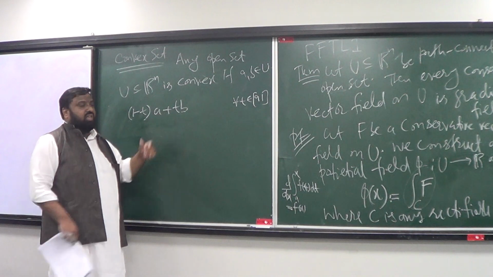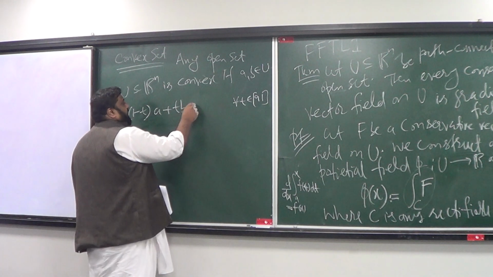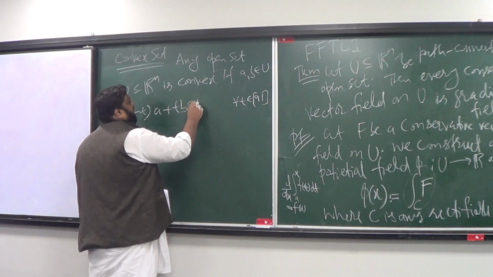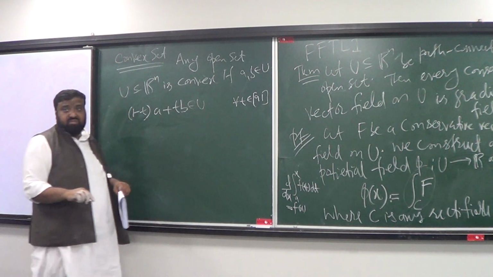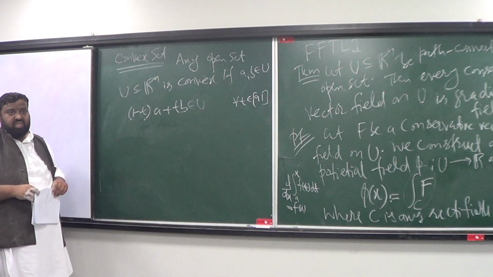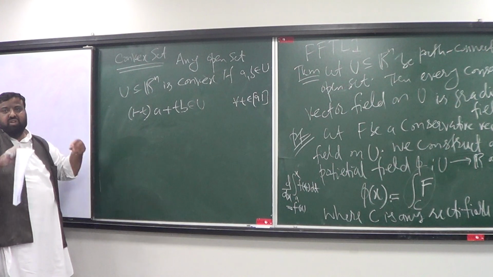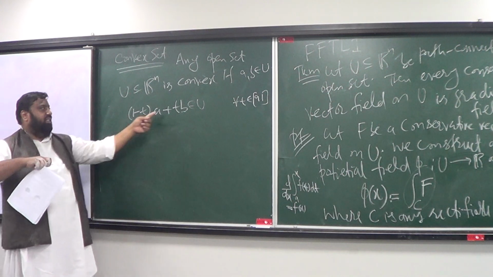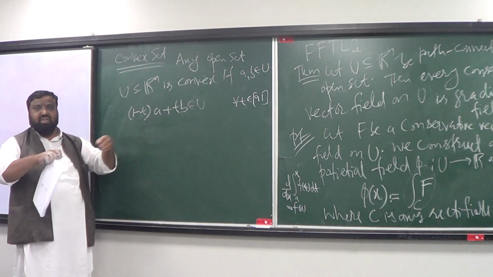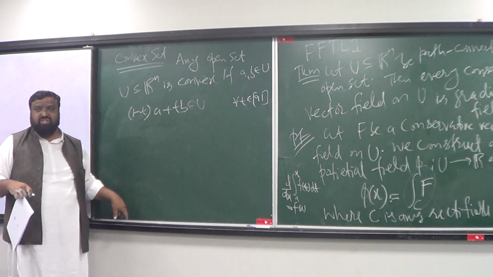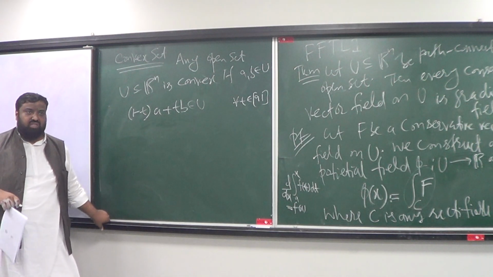And this convex combination is sitting in U for all t. So this is equivalent to saying you have a region, you join two points through a line, and it's sitting entirely within the region.